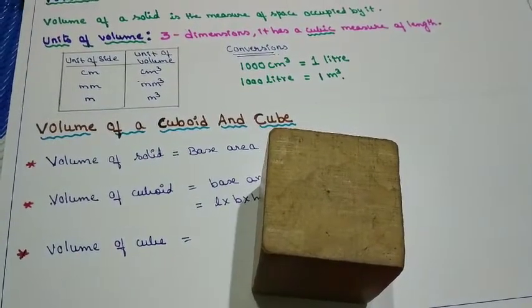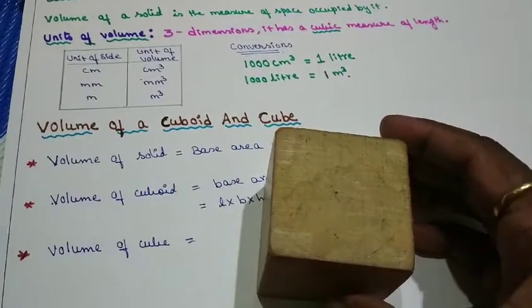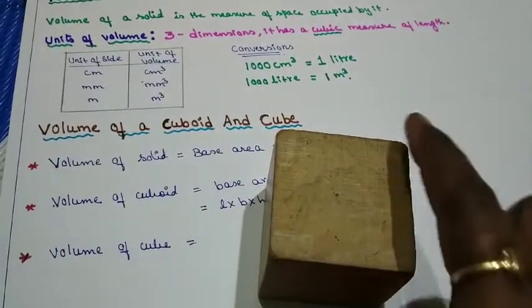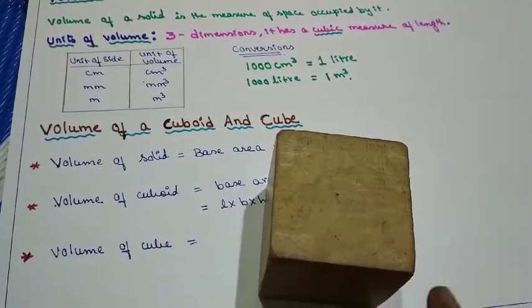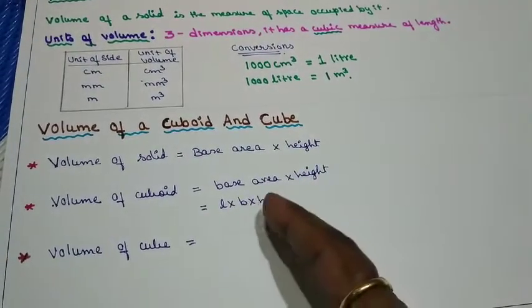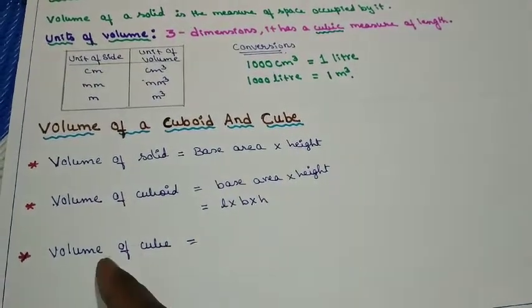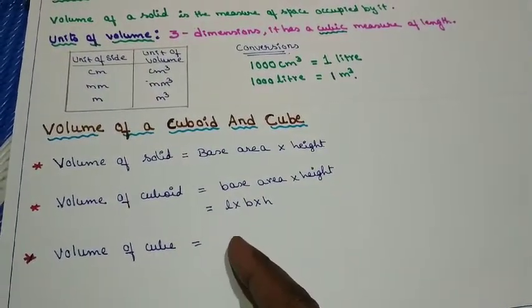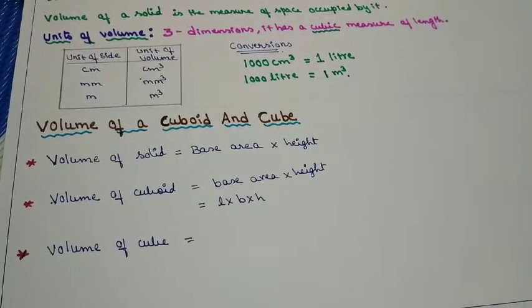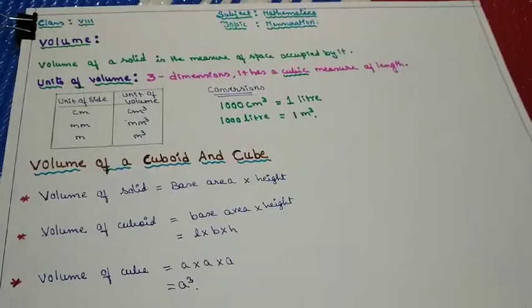Therefore, the volume of a cube is side cube, or we can say a cube. All the edges in the cube are the same in length. Therefore, L into B into H can be written as A into A into A. Then the volume of a cube becomes A cube. If you write S into S into S here, then the volume of a cube becomes S cube.